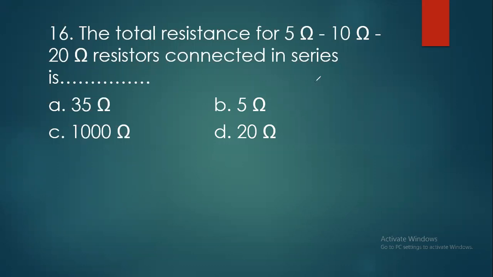So when I connect a circuit in series, in order to get the R total, which is sometimes called R equivalent or equivalent resistance, it's equal to the sum of all the resistors, R1 plus R2 plus however many resistors we have, you have to add their resistances all together. So here 5 plus 10 plus 20 gives us 35 ohms, okay? So the answer is A.